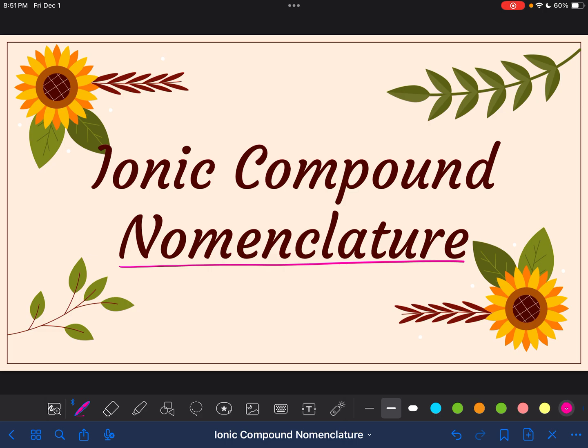This is also called, basically, naming. So what we're going to talk about is how we exactly name a compound. Just like if we see any chemical formula, what is its specific name? That's what we're going to learn today. So without further ado, let us begin.